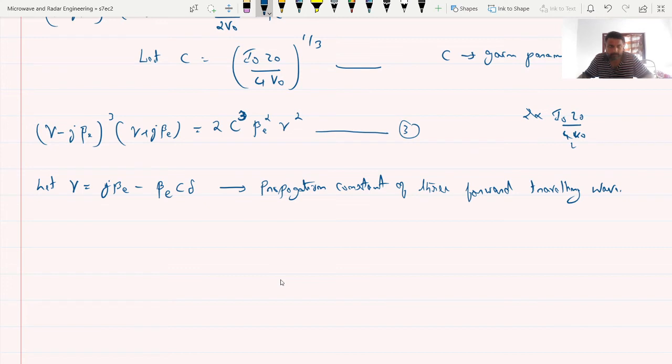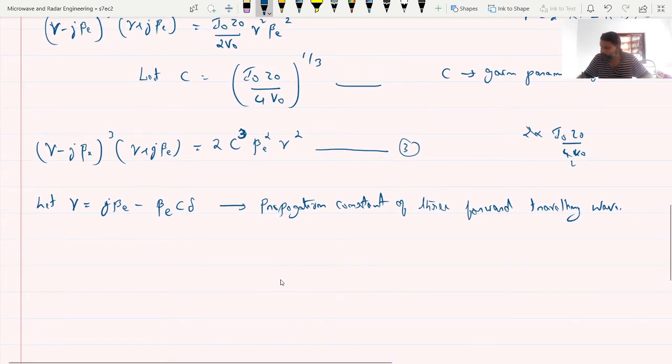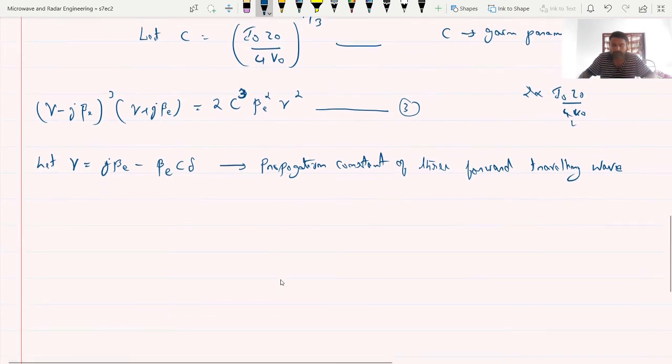Gamma plus j beta. Okay, some slight changes.